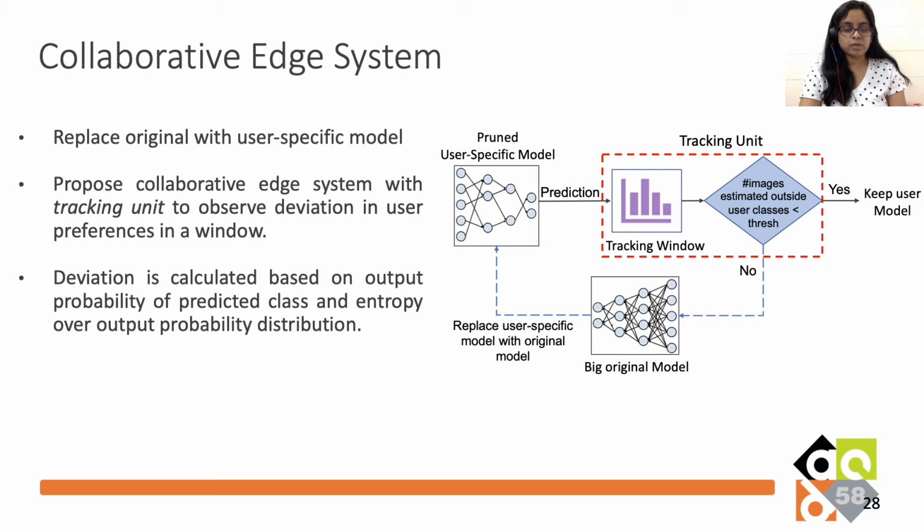It has a tracking unit to observe deviation in user preferences based on the output probability of the predicted class and an entropy over the output probability distribution. If the number of images outside the user classes is greater than a threshold, it means that the user preferences have changed and we have to bring back the original model to replace the user-specific model.